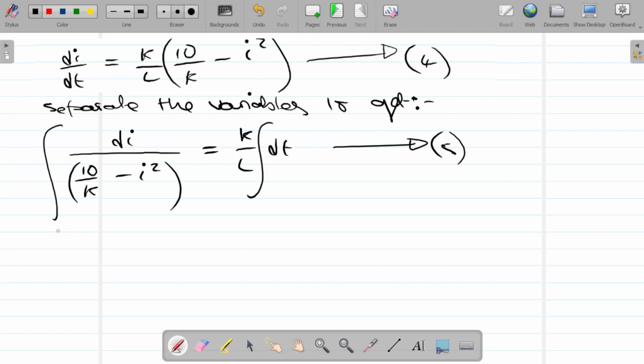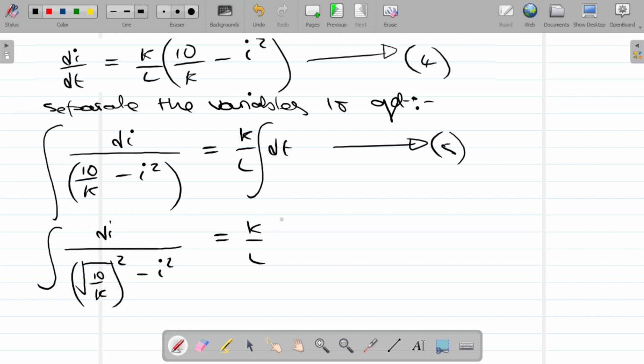I'm just going to write equation 5 as di divided by the square root of 10 over k all squared minus I squared, and that's equal to k over L dt. So that's equation 6.